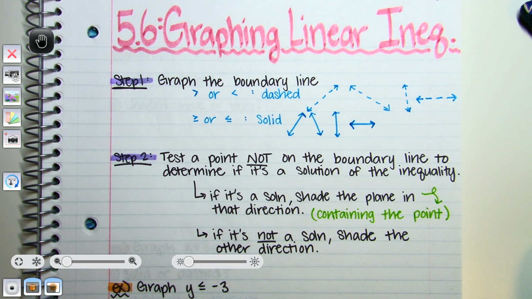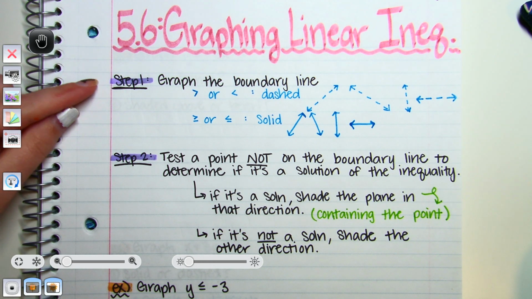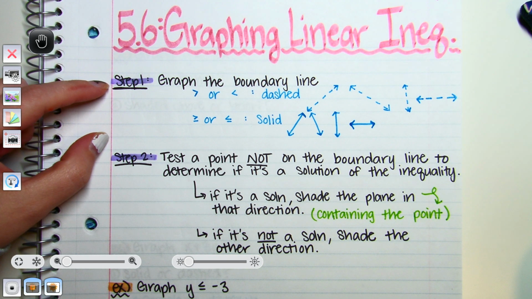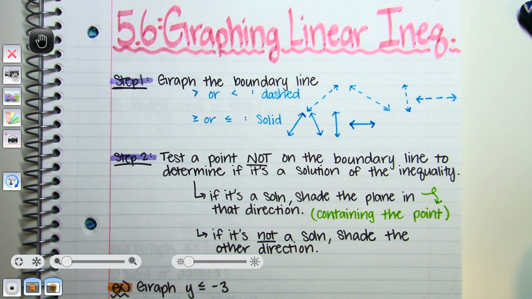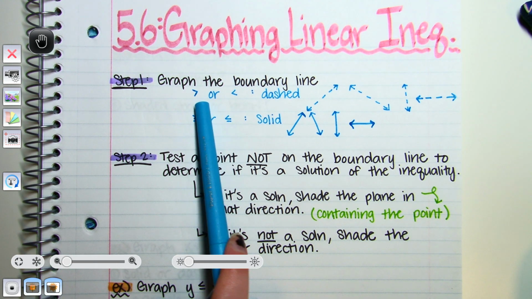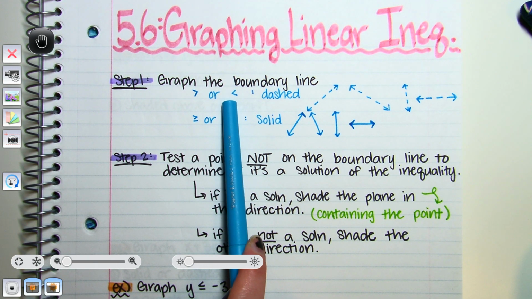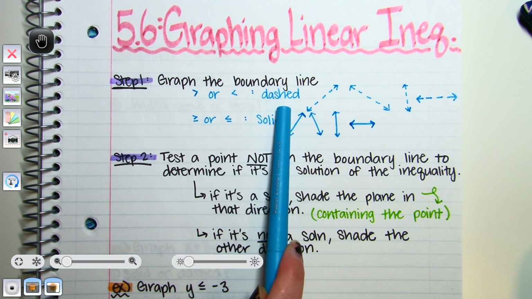All right, so step one for graphing these is to graph the boundary line. This is going to be graphing it exactly the same way as a straight line, the y equals mx plus b. The only difference here is whether we're drawing a solid line or a dashed line. So when it is greater than or less than, when that's our symbol, it's going to be a dashed line.